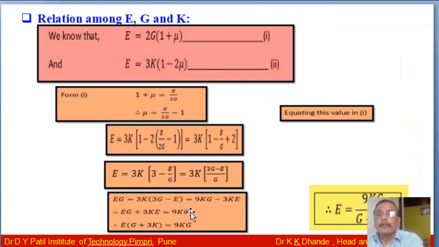So take the term thrice KE to the left hand side: EG plus thrice KE is equal to 9KG. So E times G plus 3K is equal to 9KG. So E is equal to 9KG upon G plus 3K. Please concentrate on that point.